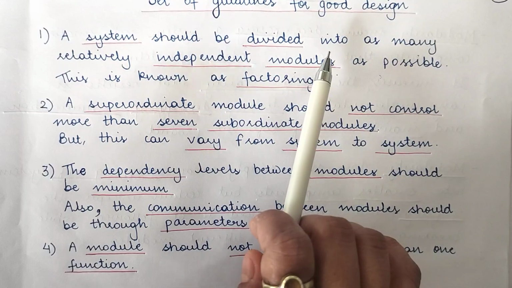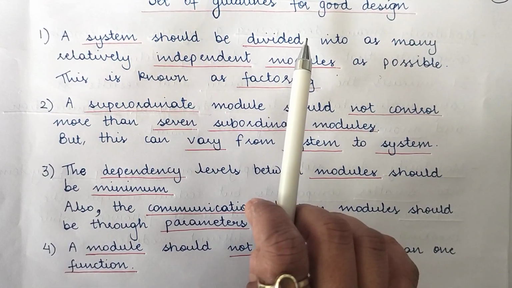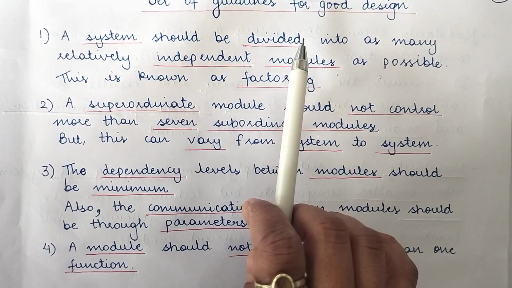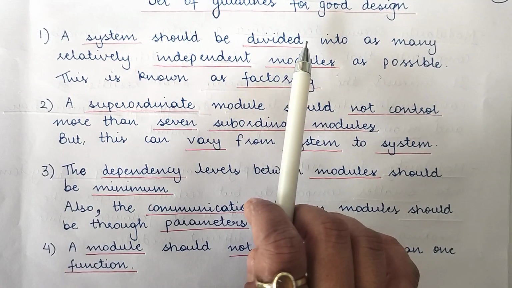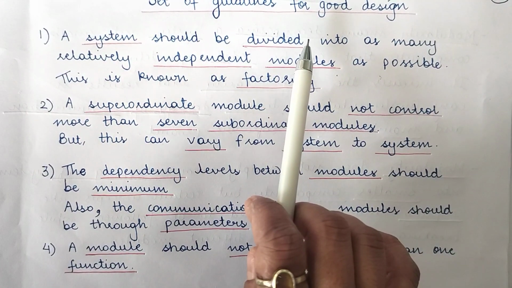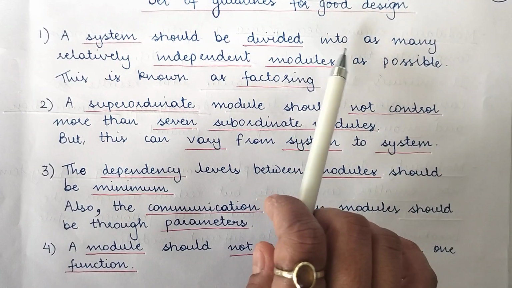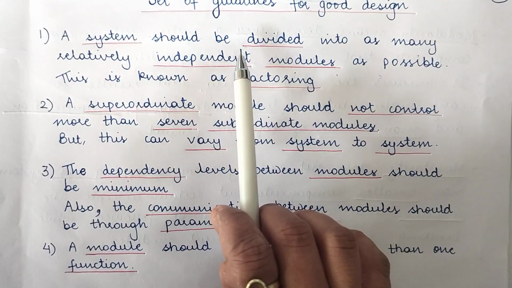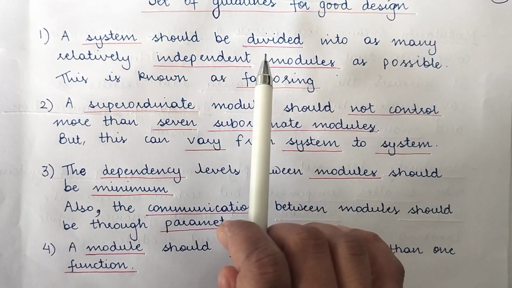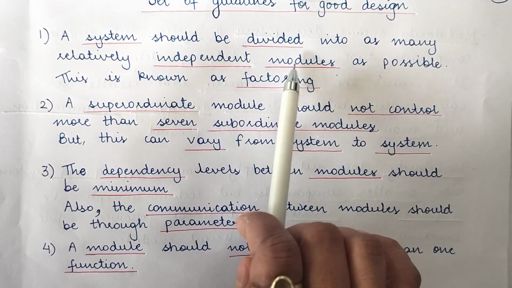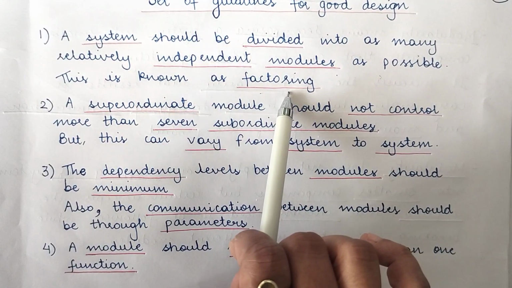Any changes done in one module should not affect the other module. Any error in one module should not bring in errors in any other module. And this process of dividing the system into a large number of relatively independent modules is known as factoring.